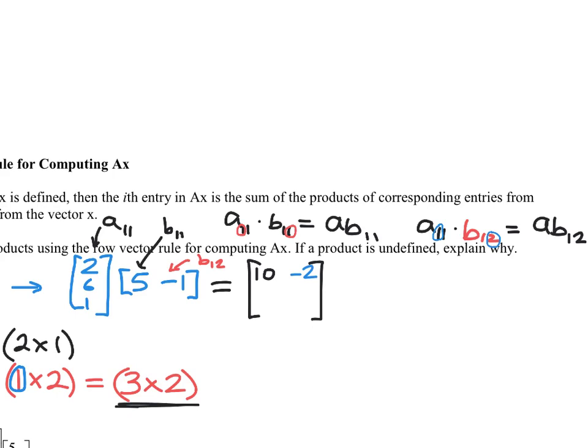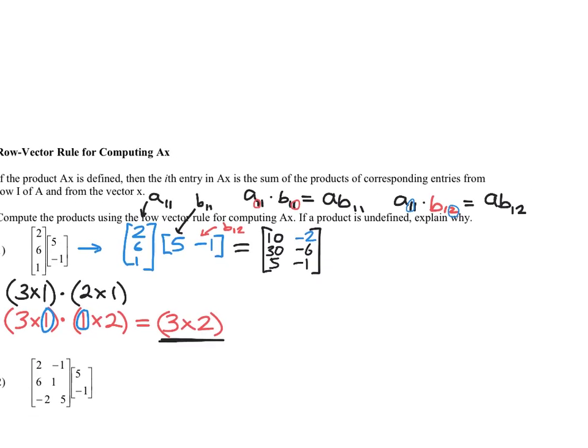Now, you wouldn't have to denote that for every single possibility, but you should at least take it into account when you're doing this. So the next one, common sense would tell you that we're working row by row now. So 30 and then -6. 5 and -1.